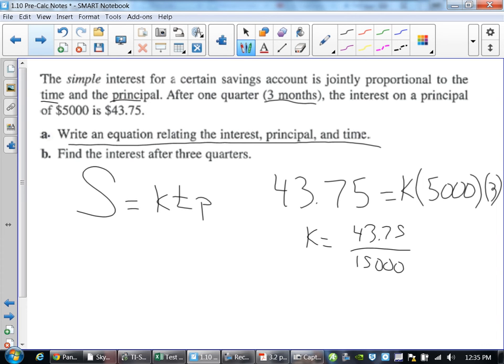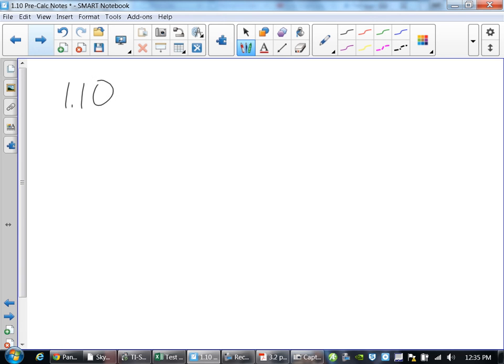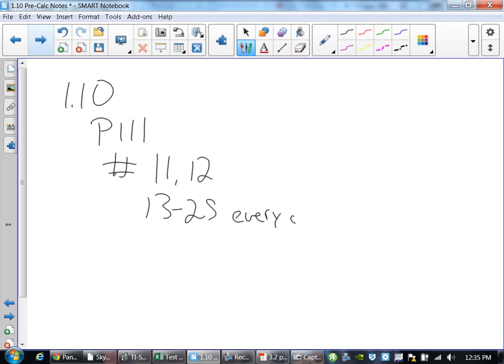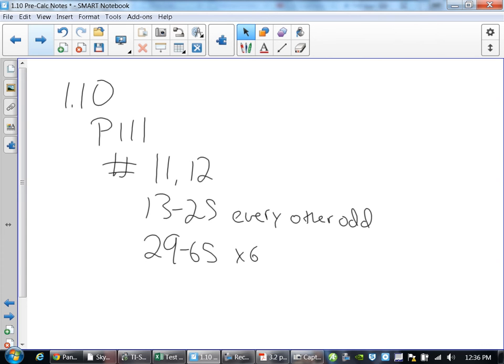And then 29 through 65 by 6s. So that means 29, 35, 41, 47. I don't think there should be anything on here that's going to be difficult whatsoever.